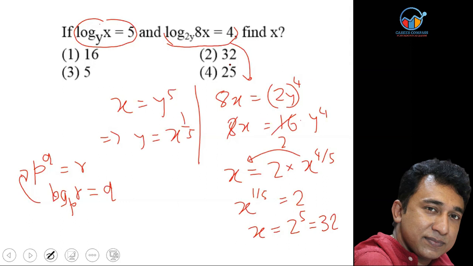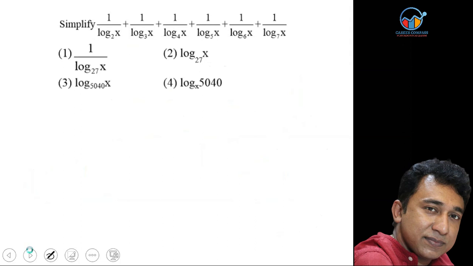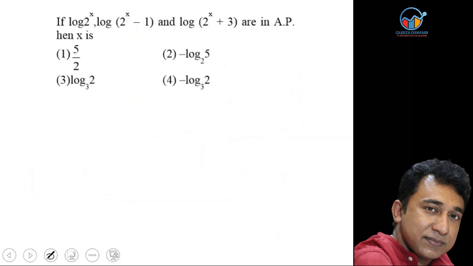So let me take you to the next one. Achha. Let me look at this particular question. It involves the concept of logarithm as well as progression. So please try this.